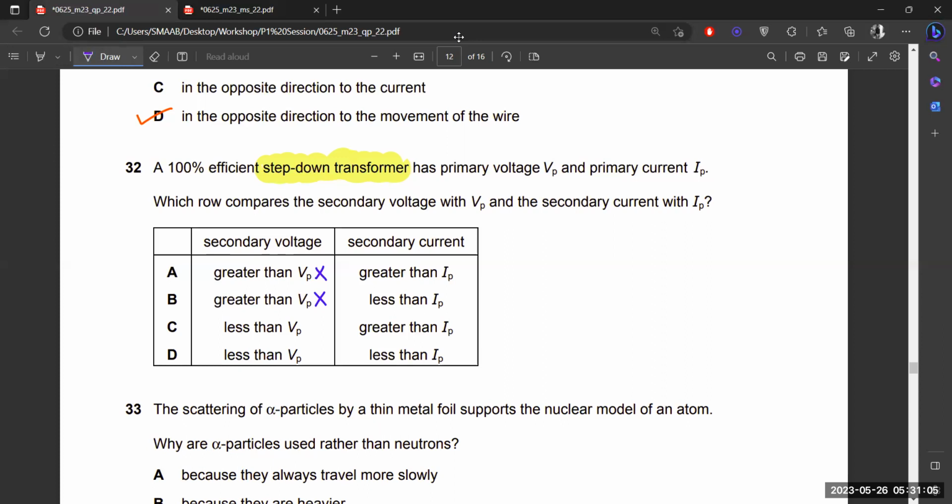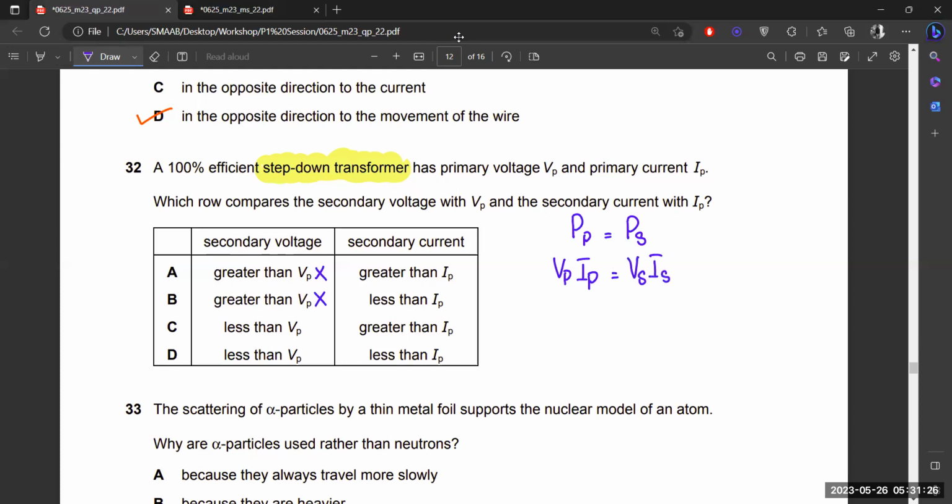According to the condition, the power of the primary coil will be equal to the power of the secondary coil because the transformer is 100% efficient. So VP IP will be equal to VS IS.